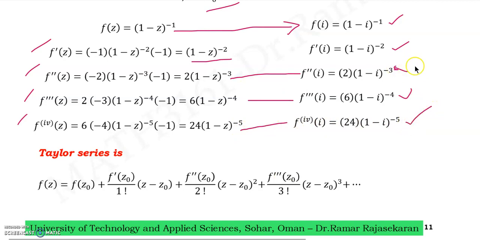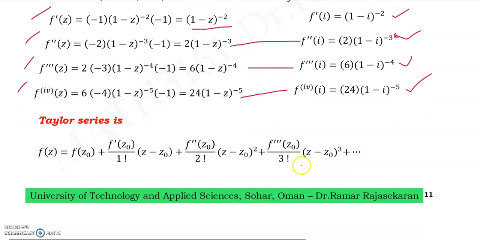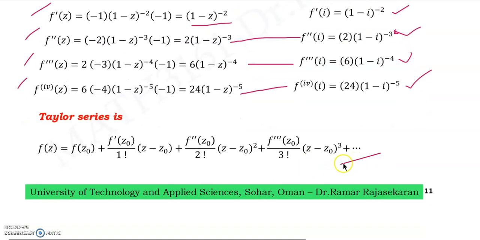So now, what is the Taylor series? The Taylor series of the given function is equal to f of z0 plus f dash of z0 by 1 factorial times (z minus z0) plus and so on. Now we know every value of the function at i and the derivatives at i. So just replace it here.